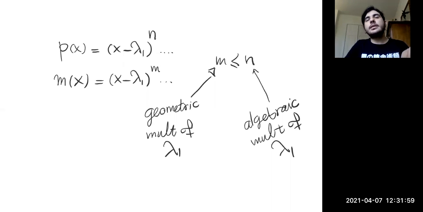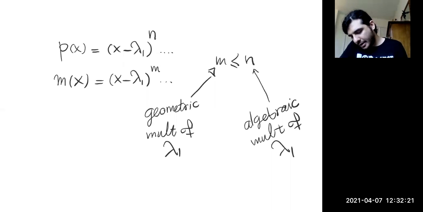Each of them is the power of the factor x minus lambda 1. One is the factor in the p, one is the factor in m. Okay, so now suppose, well, look at this n. Now here I care about this n.